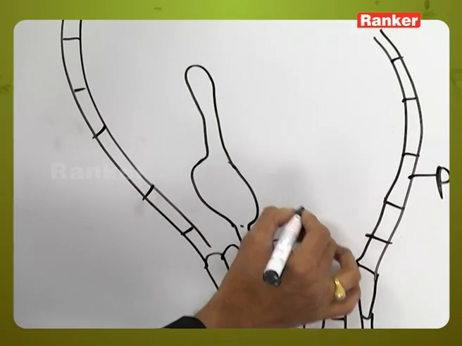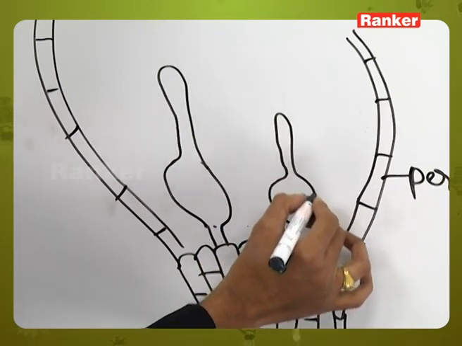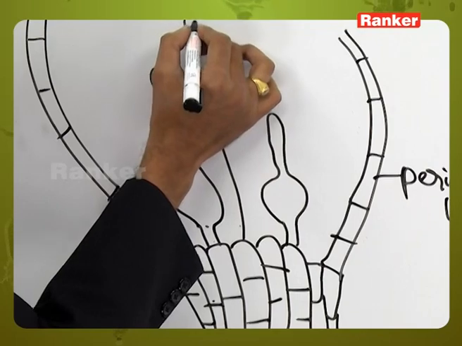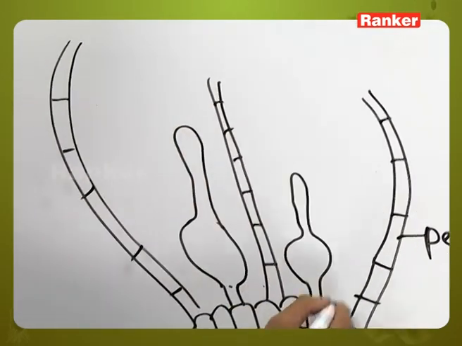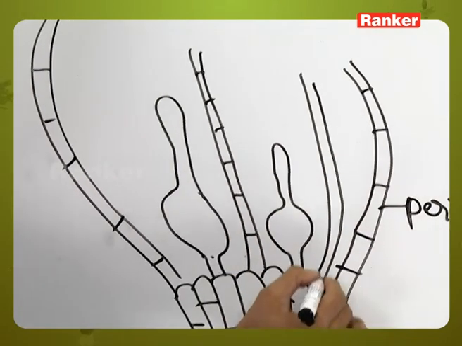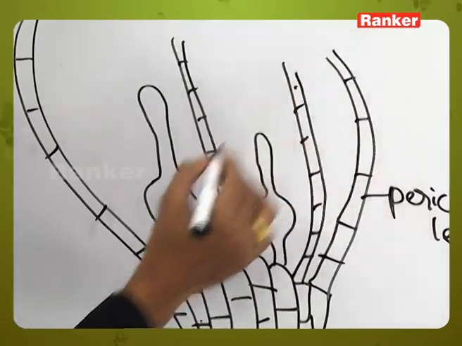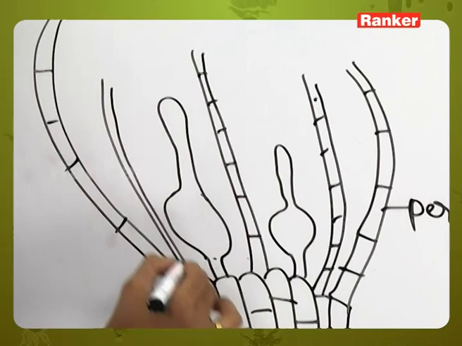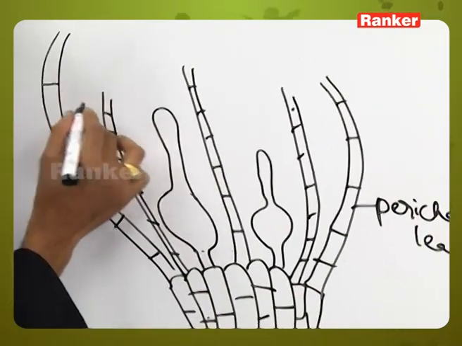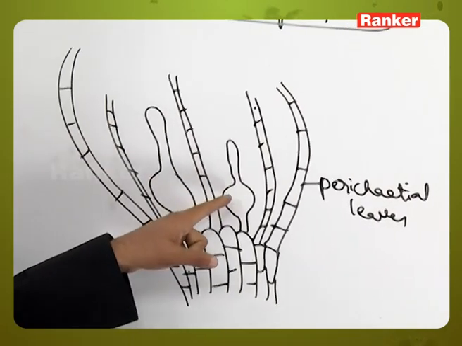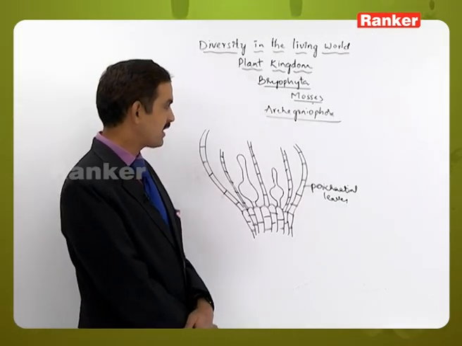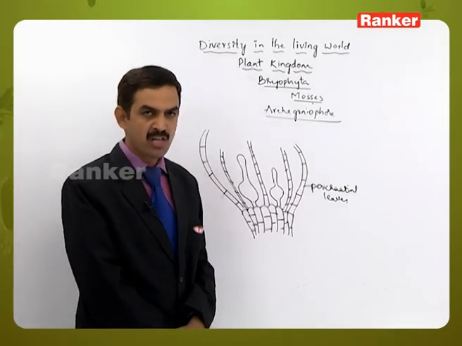So here also the archegonia of different developmental stages can be seen. Along with that we can see some sterile hairs which are green and photosynthetic, which do not participate directly in the reproductive process, and these are called paraphyses. So the only difference between the antheridiophore and archegoniophore is, in antheridiophore the antheridia are present, but here in place of antheridia the archegonia are present.